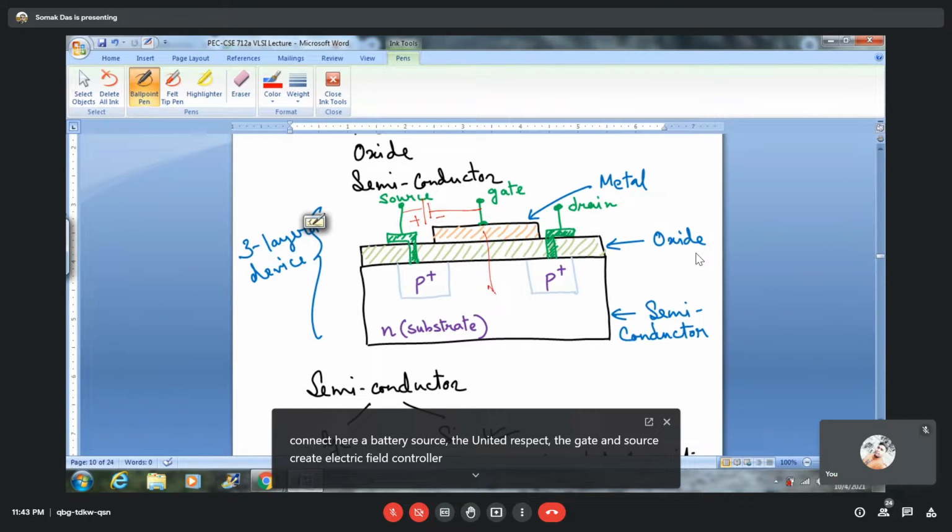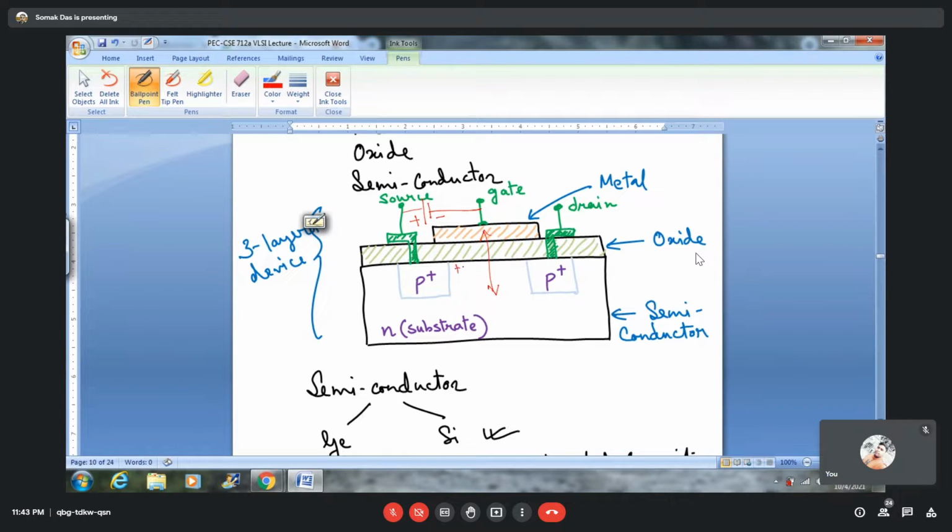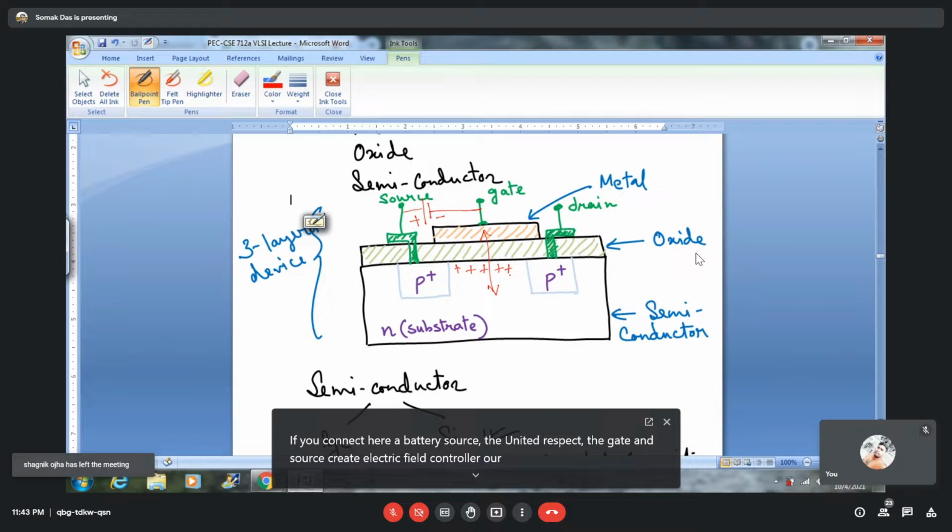The electric field will be created in a perpendicular direction from the gate terminal towards this channel. And this will ultimately attract positive carriers or holes to this end of the surface, to the surface nearer to the oxide layer.